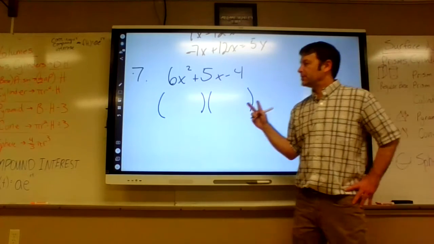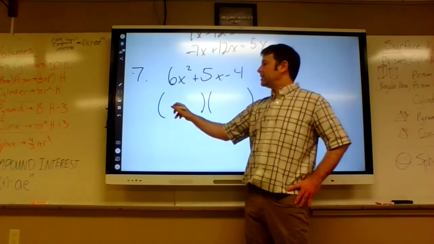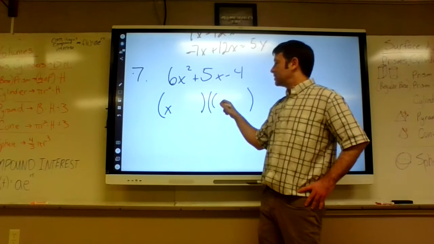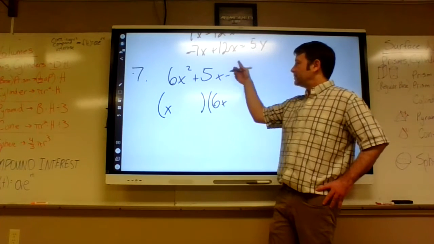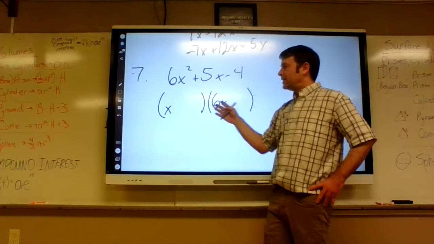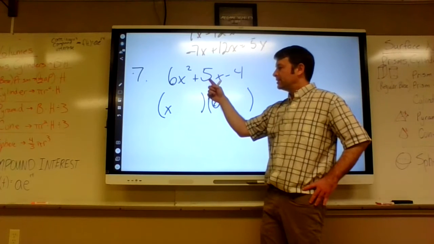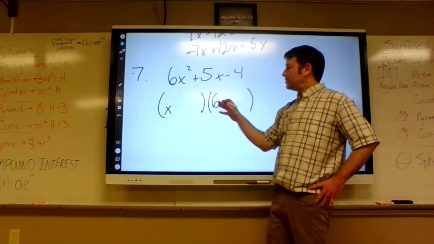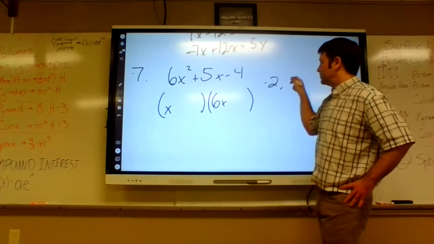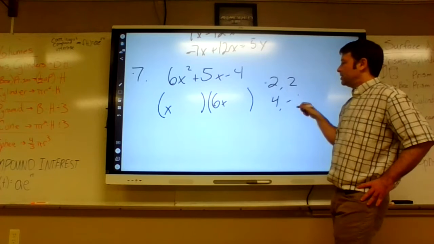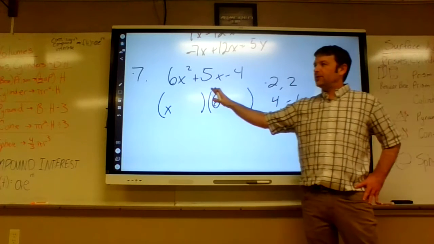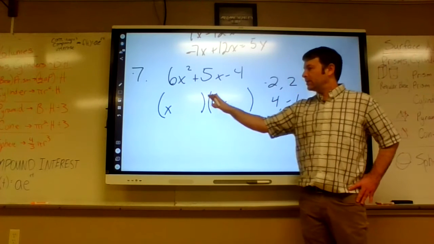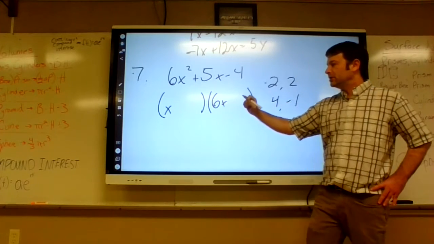Well, you don't. You could try, let's say I guessed it was 1x and 6x. Then I'd have to use factors of negative 4 and see if I can get it to work. But I'm not going to spend all the time doing it. If no matter what I try with negative 4, like negative 2 and 2 or 4 and negative 1, it's not going to work.